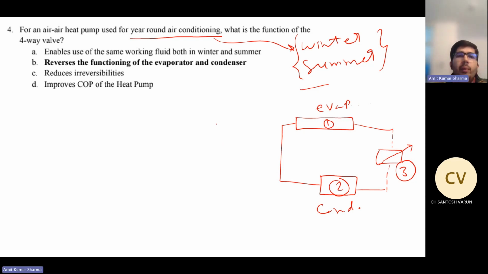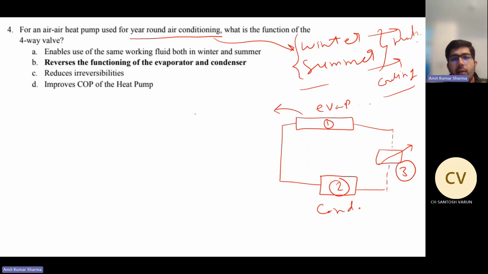Now I think you can remember, if we want year-round air conditioning, in winter we need heating, and in summer we need cooling. So what is the main purpose of evaporator?